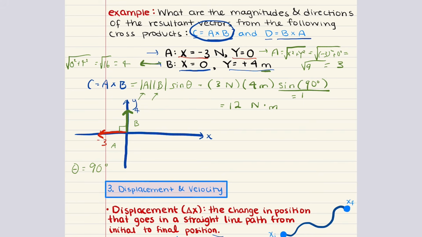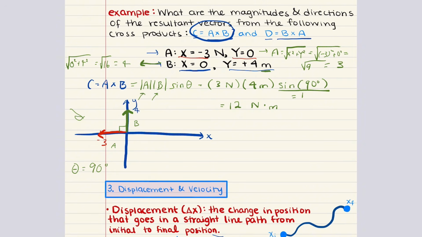What about the direction for vector C? Now to do this, we've got to use our right-hand rule. So let's look at this graph, all right? Hopefully you're using your iPad just like I am right now filming this video. And we're going to stare at our screen. We're going to point our thumb in the direction of vector A. So our thumb should point to the left. Then the rest of your fingers should point in the direction of vector B, so up.